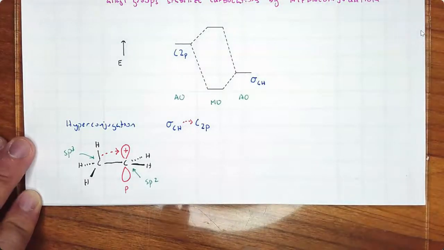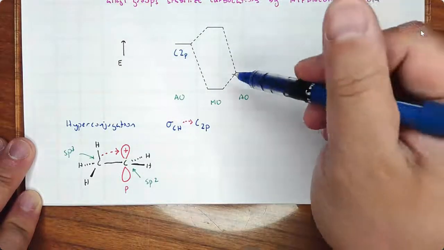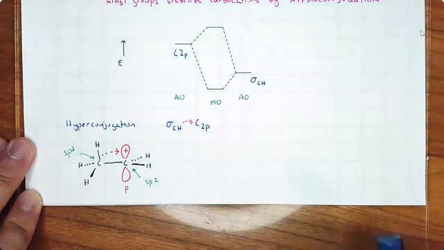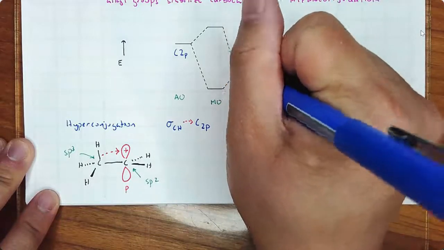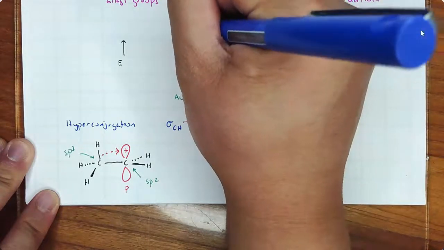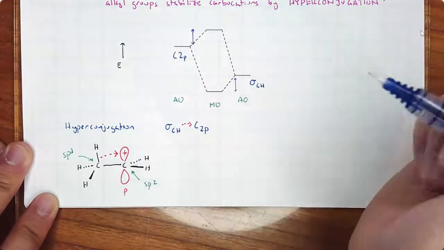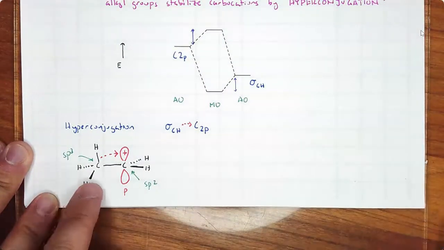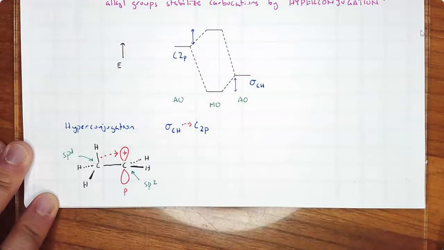When we combine these 2 atomic orbitals to make 2 MOs, one will be higher and one will be lower, and you want to keep it symmetric, so these distances should be the same. One will be bonding and one will be anti-bonding. Why don't we populate each of these atomic orbitals first, and I'll just use blue.